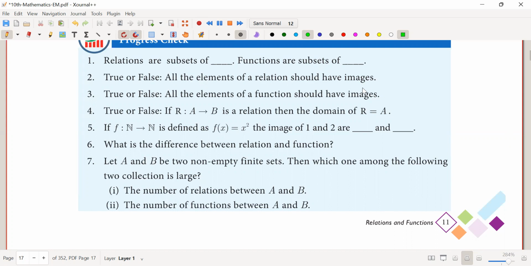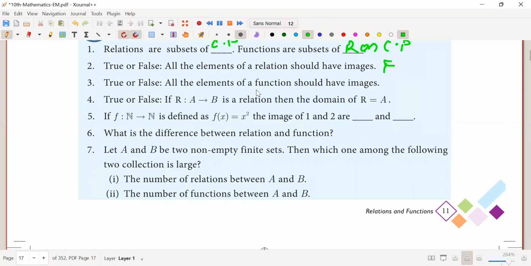All the elements of a relation should have an image: false. Functions are subsets of relations or the Cartesian product, that is also right. All the elements of a function should have an image.